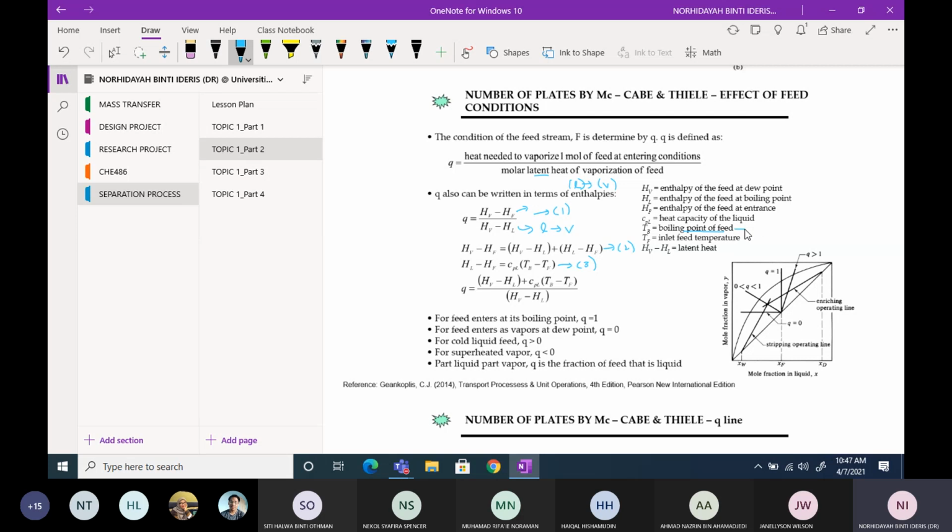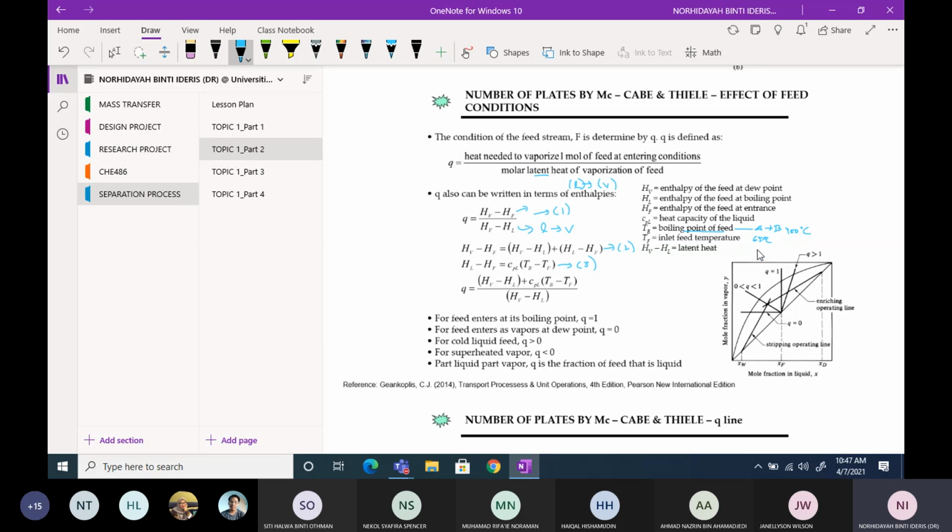Usually the coming feed is a mixture of A plus B, so you need to refer to the table. What is the boiling point? You cannot simply guess. For example, here the ethanol is 65 degrees Celsius, and B is the water at 100 degrees Celsius.